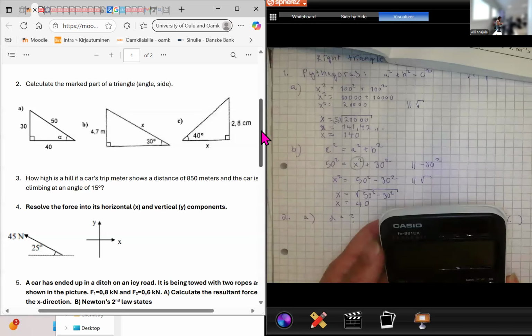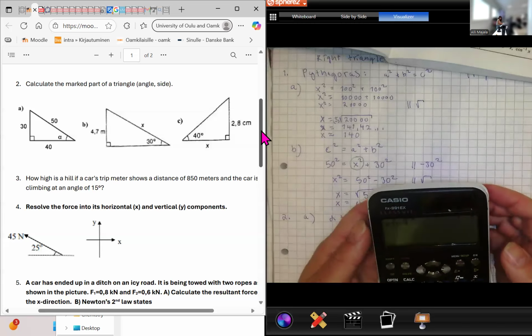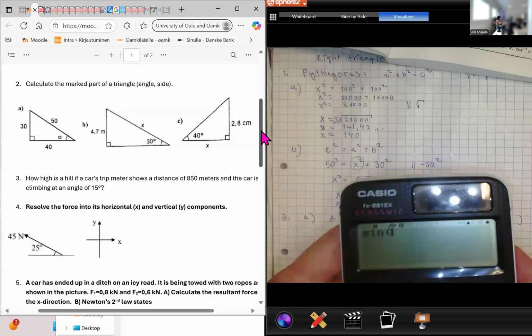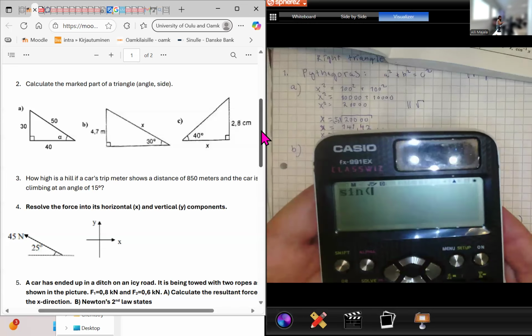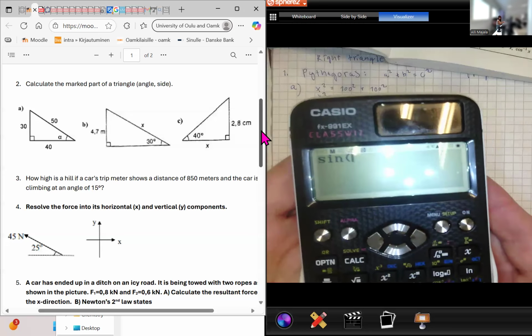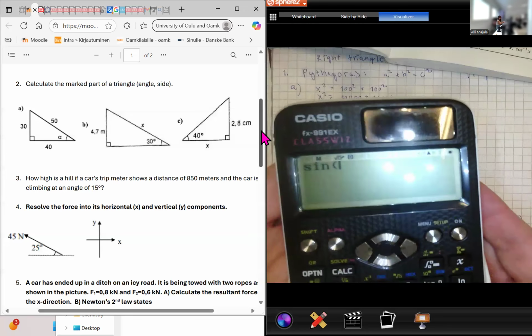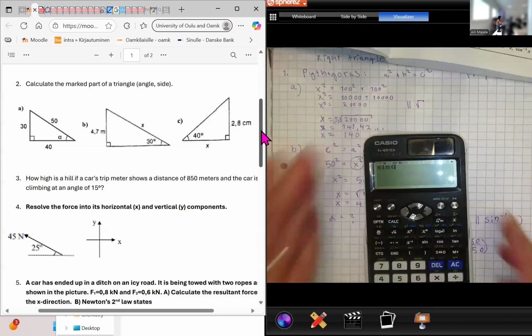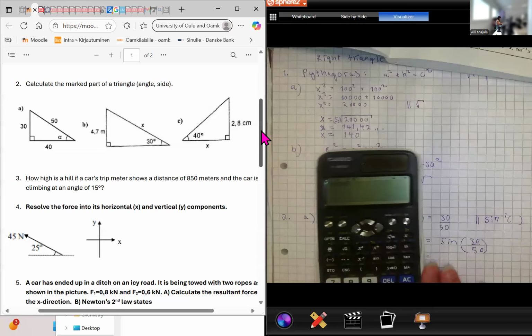And now we want to have the degrees. We don't want to have the radians. Radians? Is that how it's pronounced? Yes. So in my calculator, it has this kind of a small d there. So I know that I get the degrees.